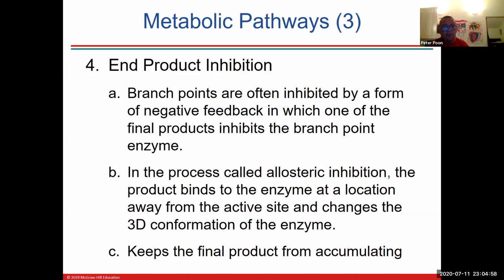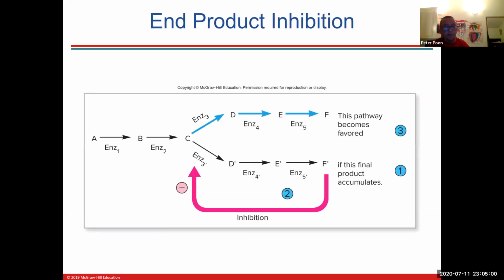Here we have two pathways. If we have too much of F prime, it will plug into enzyme 3 prime here and block this pathway, and therefore you'll get this pathway.